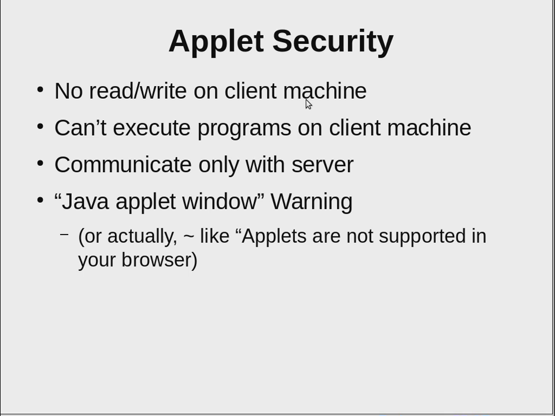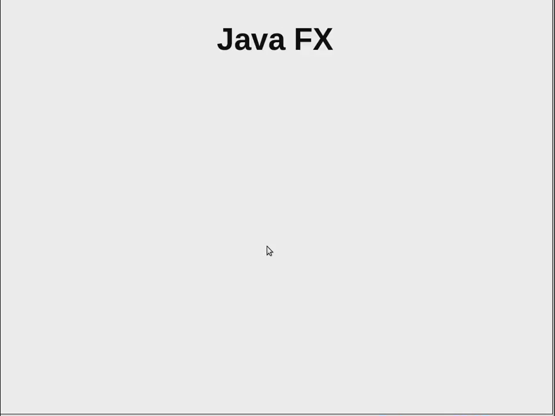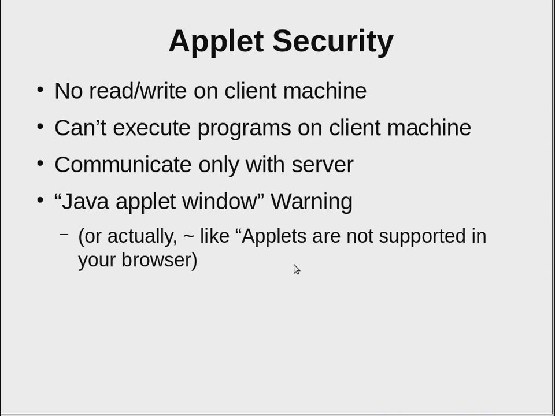Particularly for an applet, it runs inside a virtual machine created by a web browser, so you can't execute anything on the local client machine. You can communicate only with the server, so send back new data to the server. And previously you could get some kind of warning about this applet: do you want to run this applet inside the browser? But currently you just don't have support for these applets anymore.